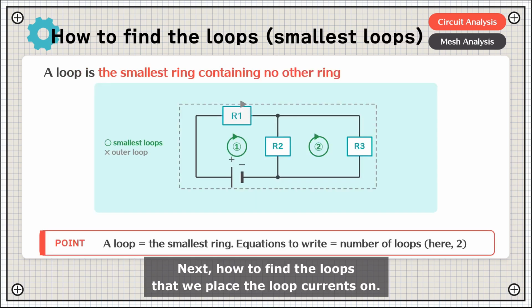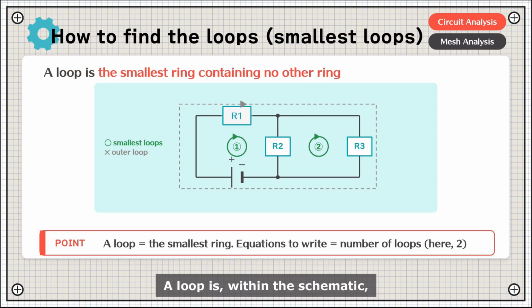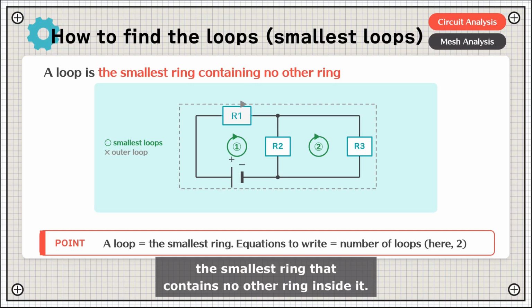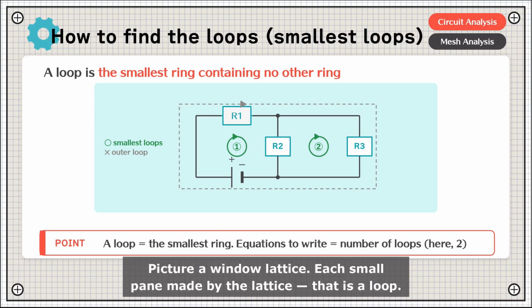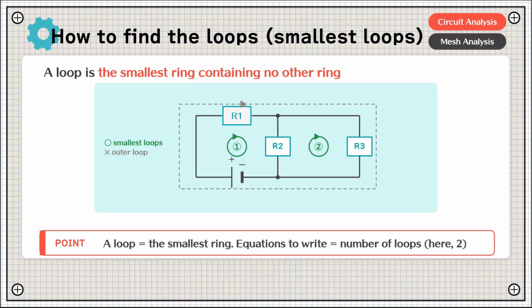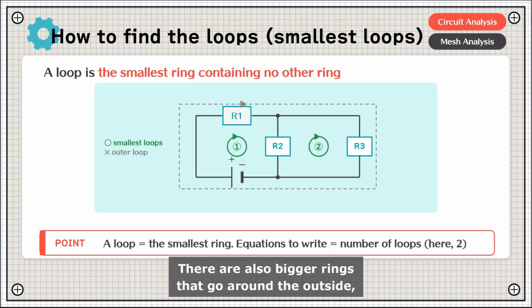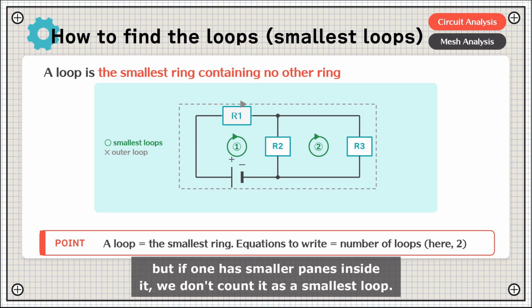Next, how to find the loops that we place the loop currents on. A loop is, within the schematic, the smallest ring that contains no other ring inside it. Picture a window lattice. Each small pane made by the lattice, that is a loop. There are also bigger rings that go around the outside, but if one has smaller panes inside it, we don't count it as the smallest loop.